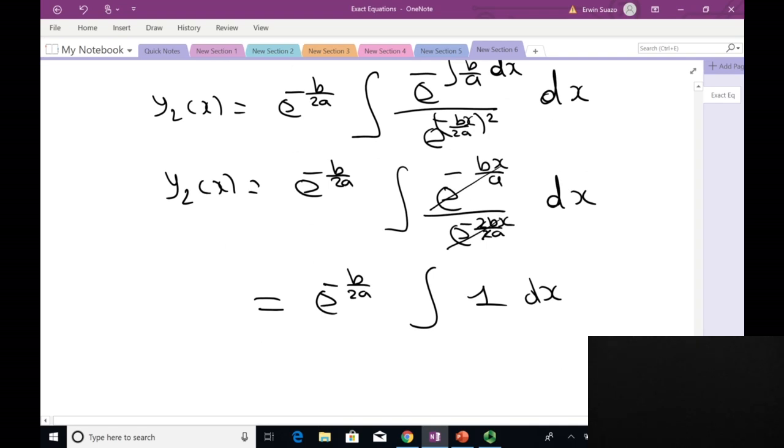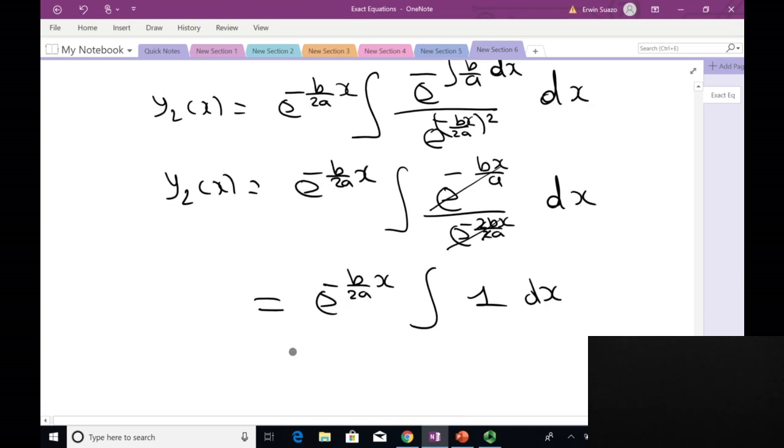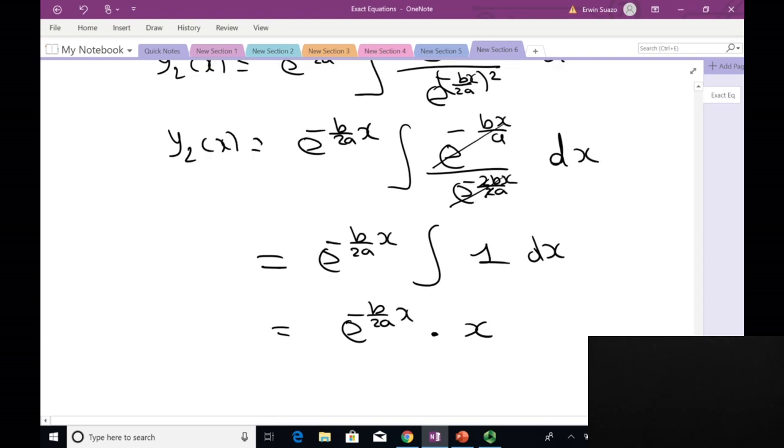Thank you. Oh, sorry, I'm forgetting the x. My goodness. Because it's y1 of x, so that must have x. So this one is x e to the minus b over 2a x times x. That's your second solution.